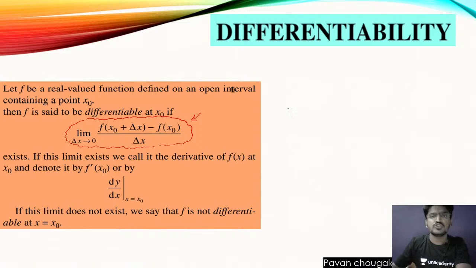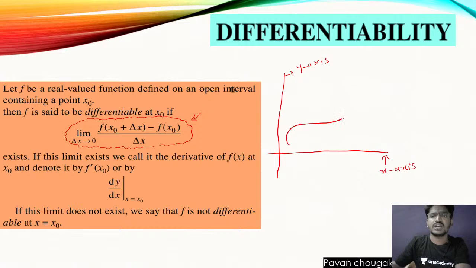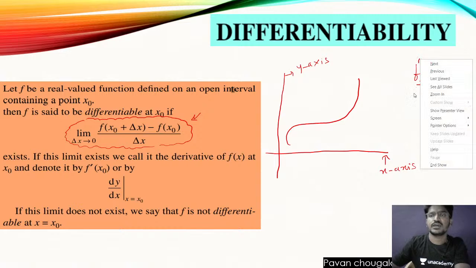Clear students? For that, see here, I will show with a graph. This is the x-axis, and this is the y-axis. As you have all seen, there is a graph for every function f of x. Whenever you differentiate this f of x, you will write it as f dash of x.